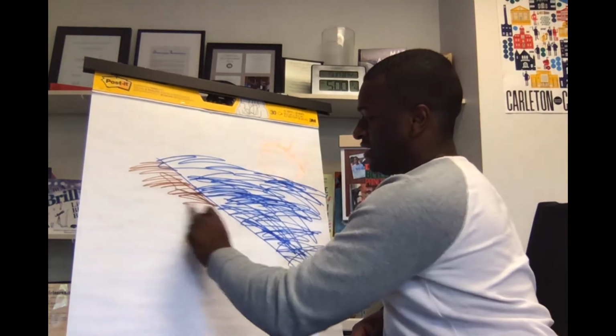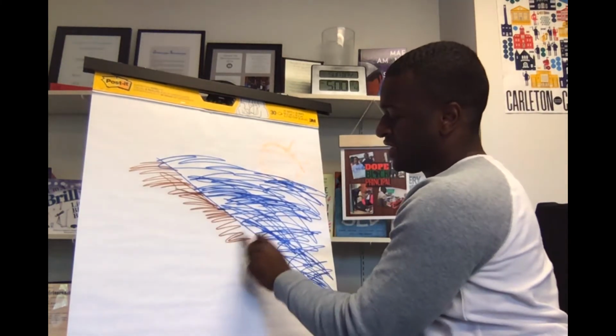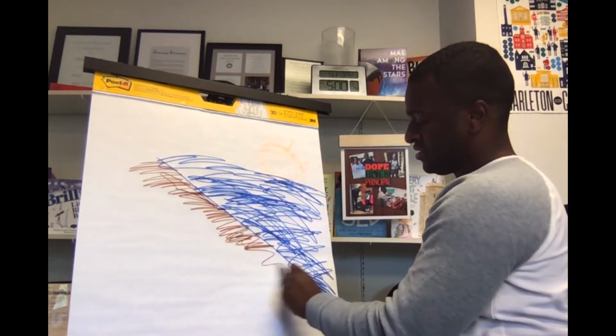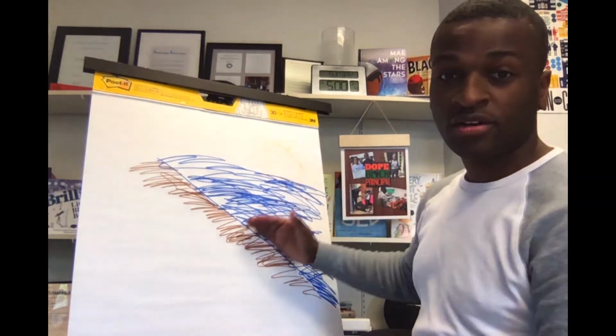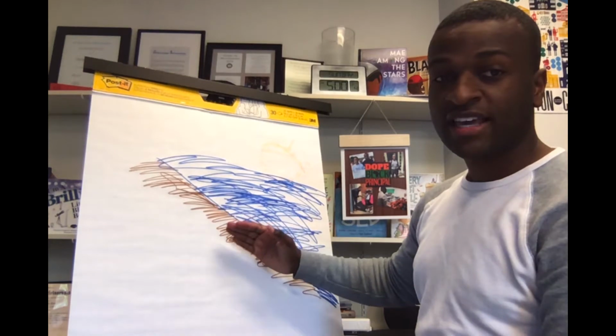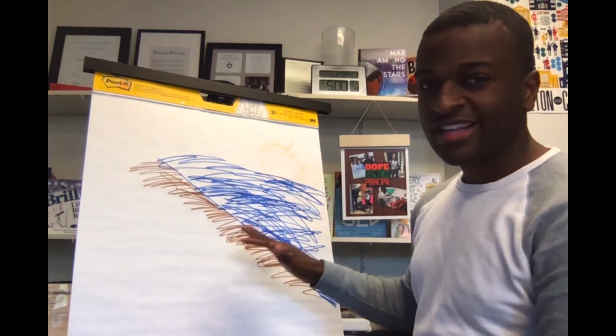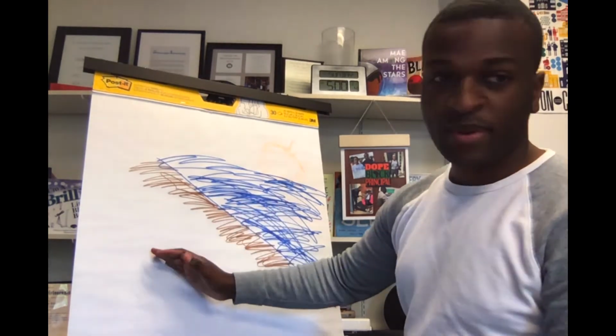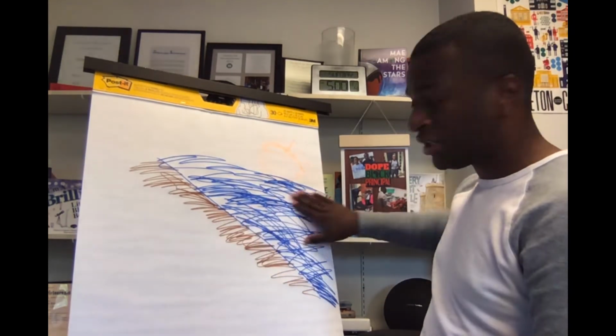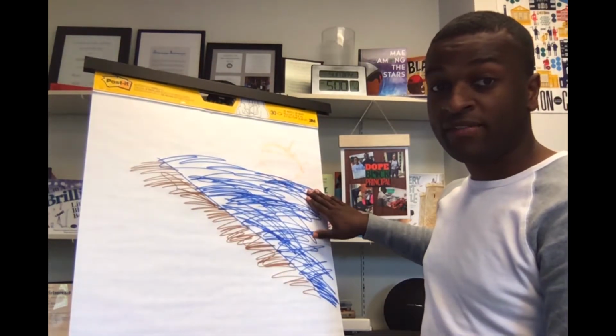And all of this over here is sand. And you've probably seen this before. When the water comes up, the sand doesn't just stay there. The sand moves. It either gets pushed back or it's pulled into the water when the wave hits.